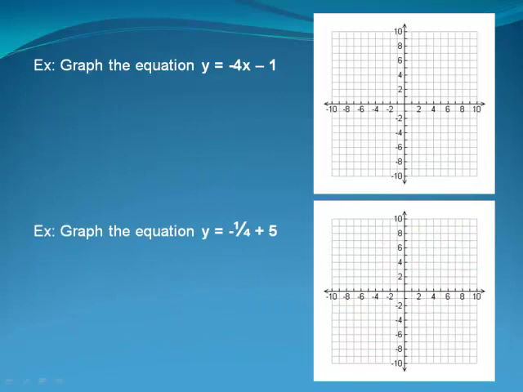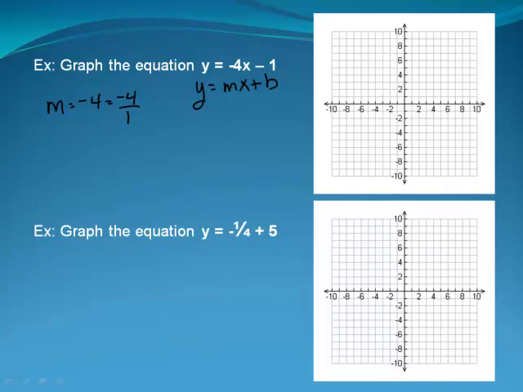All right, let's do a couple more examples. Graph the equation y equals -4x minus 1. This is y equals mx plus b. So our slope is -4, or -4/1, since we have to count slope. You can take any number, throw it over 1, now it's a fraction.